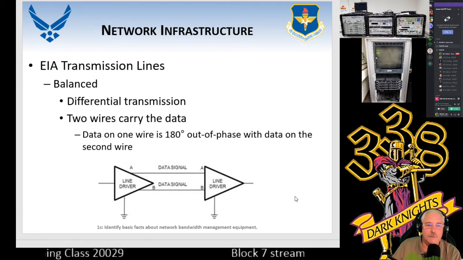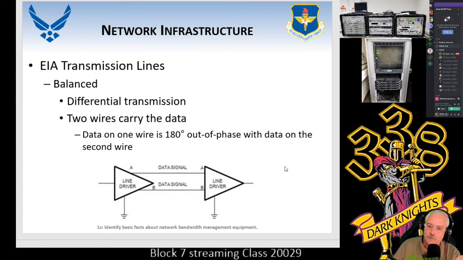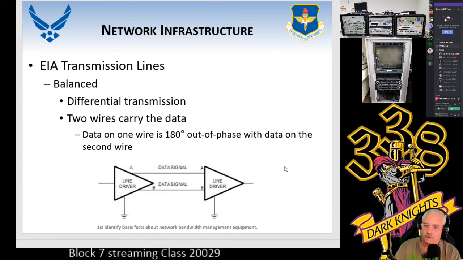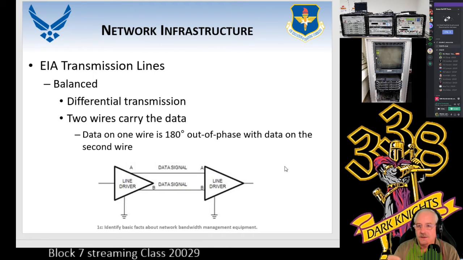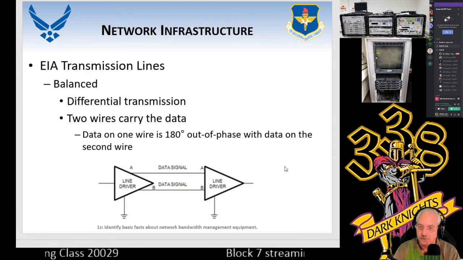The big thing here is when we look at transmission lines, we have a balanced line and an unbalanced line. The first one is a balanced line. This is where we have a twisted pair, and on each of those lines we're going to send a signal out. Now we're going to take one of those and flip it 180. So one is one way and the other is the other way. When it gets to the distant end, where it gets put back together, because lines generate noise, when they flop them back into where they're in phase with each other, it cancels the noise out.